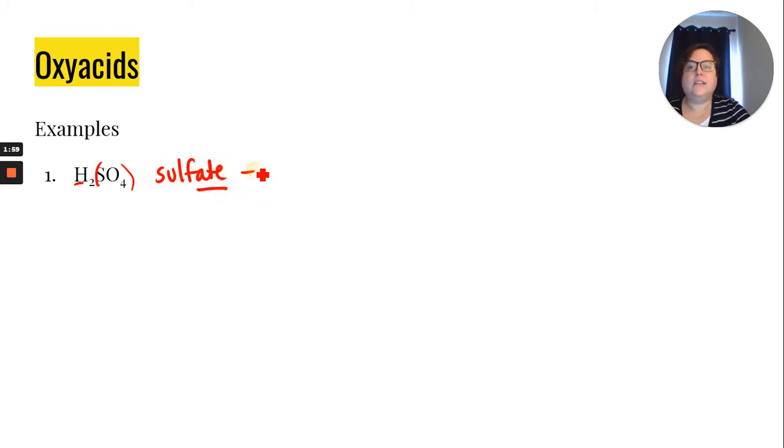And ate changes to ic, so this is sulfuric acid. Now you might be wondering where the UR came from. Again, with sulfur and phosphorus, we tend to use more of their name than just the root, just because it sounds better. So this is sulfuric acid.